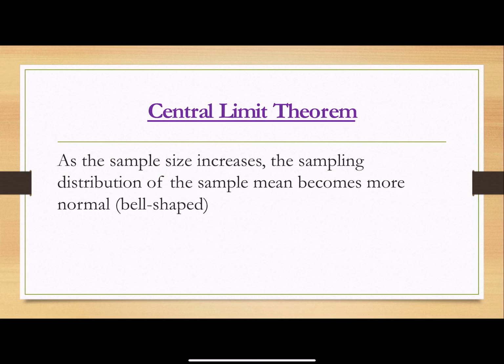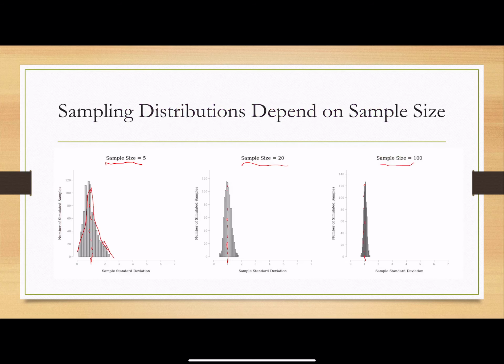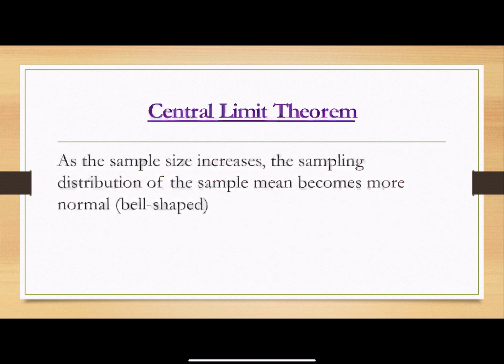Basically, what it tells you is that if we are trying to look at the average, the mean of our samples, and we take bigger sample sizes, so right here, sample size 5, 20, and 100, then no matter what kind of thing you started with, it's pretty much just going to turn out to be bell-shaped.